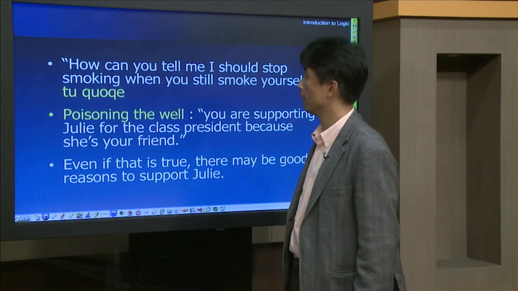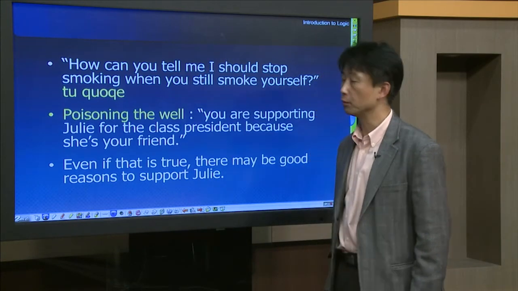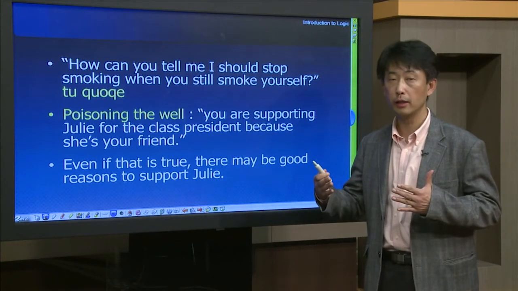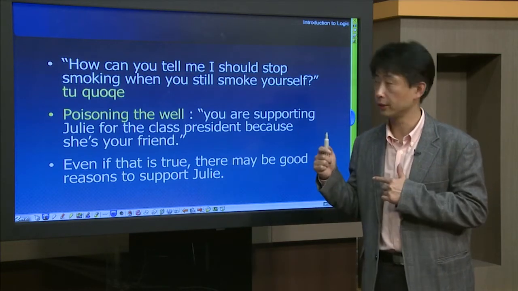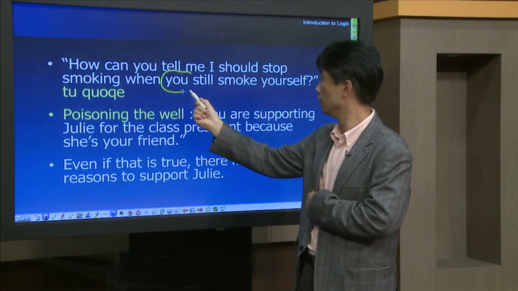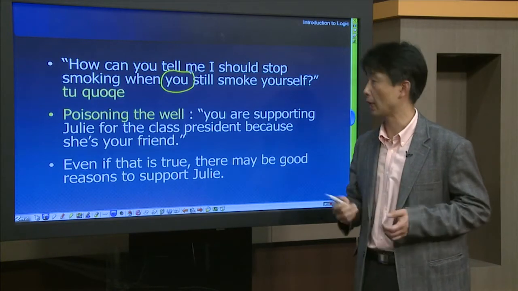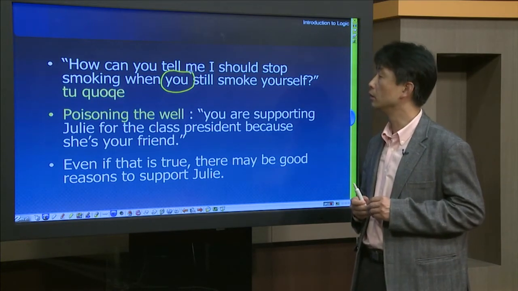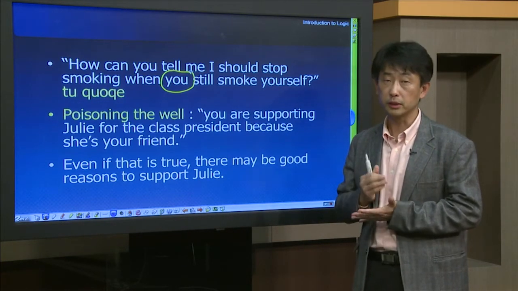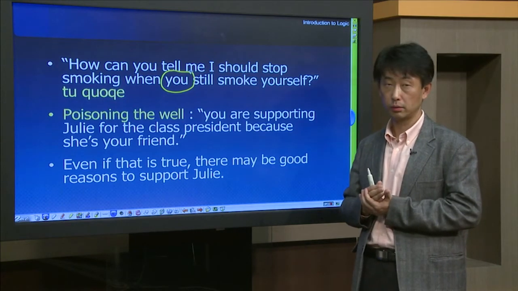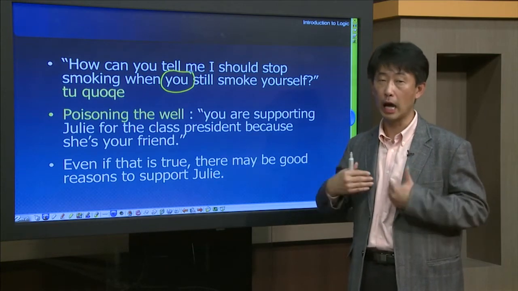Try to respond to an argument by pointing at the person who makes it. Now, the person who makes the claim that I should stop smoking may be a smoker, but the fact that the person is a smoker does not automatically disqualify his claim that I should stop smoking.